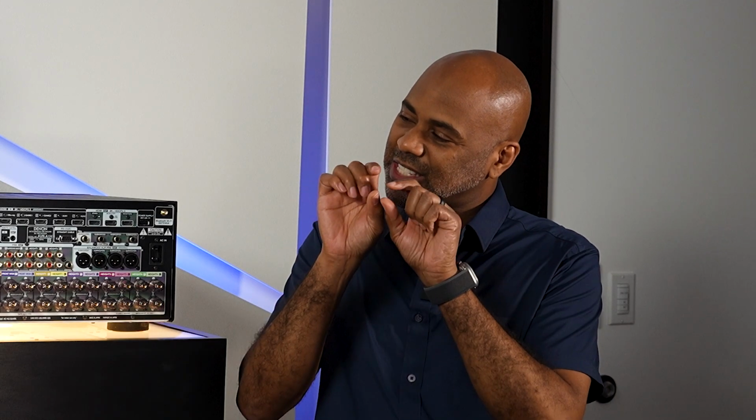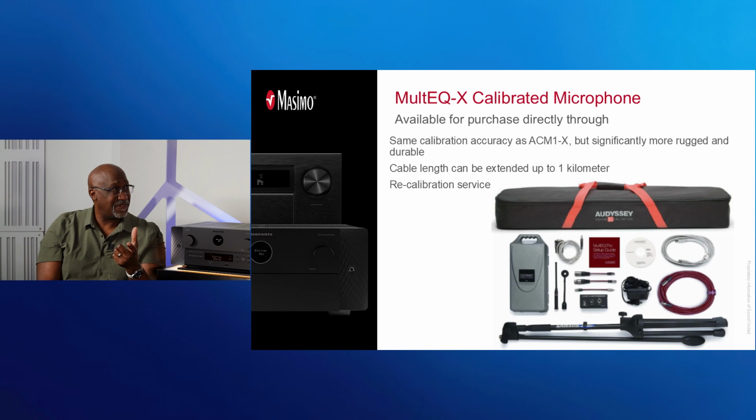A person that does it a lot will probably get a pro kit, because you may do a small den or you may do a mansion, and you want to make sure that you have enough length to plug that microphone into the AVR. So it's an extended cable. It's a nicer mic, actually.